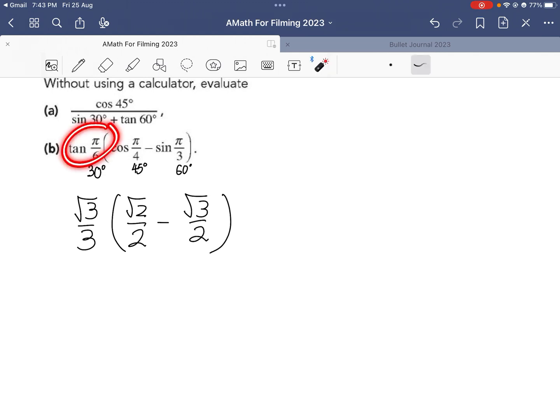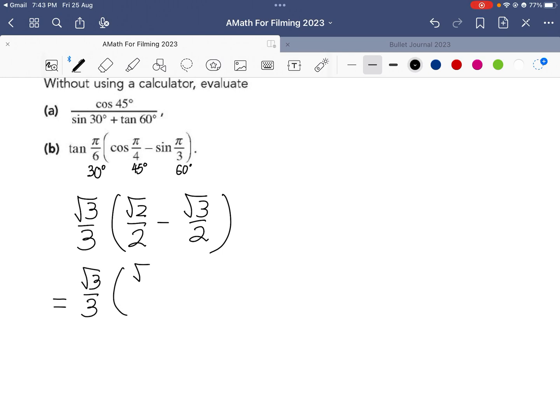So tangent of 30 degrees yields square root 3 over 3, cosine of 45 degrees gives me square root 2 over 2, and sine of 60 degrees yields square root 3 over 2.